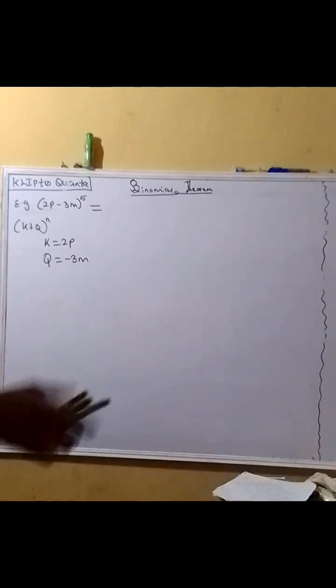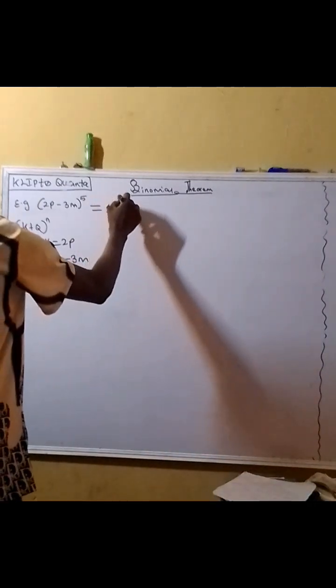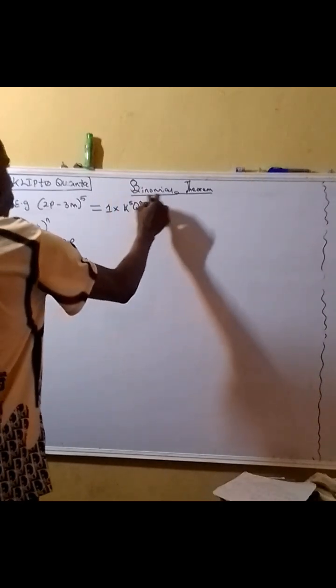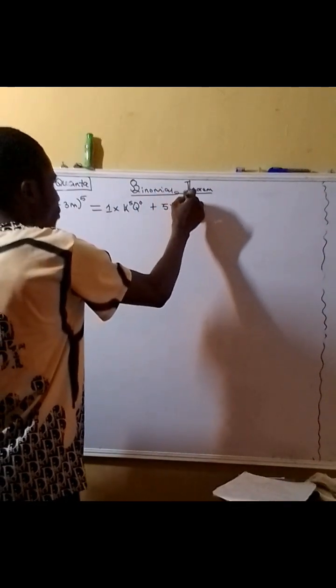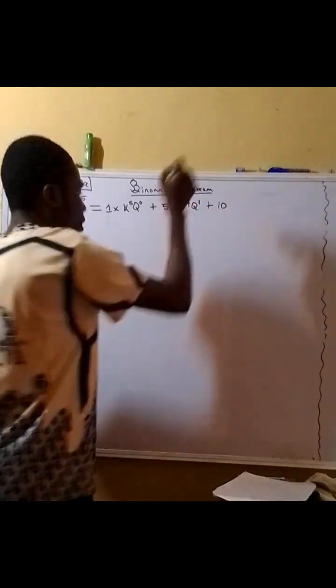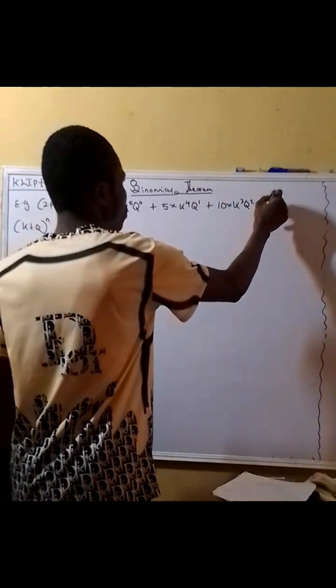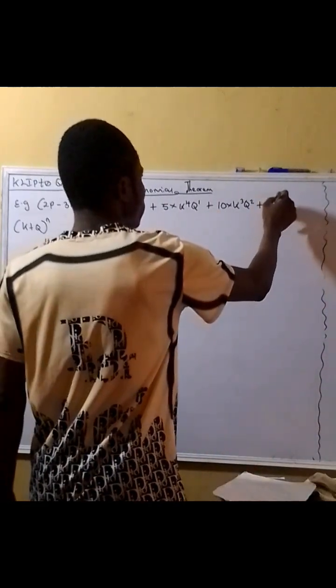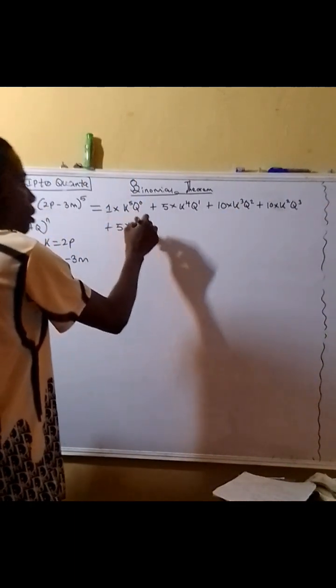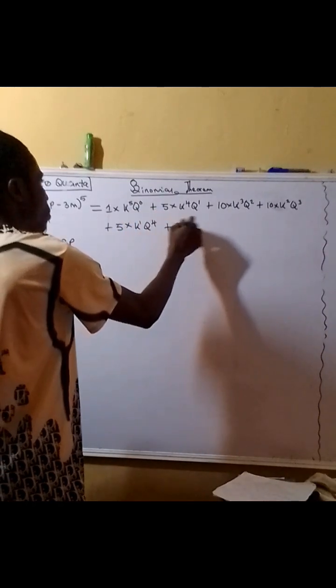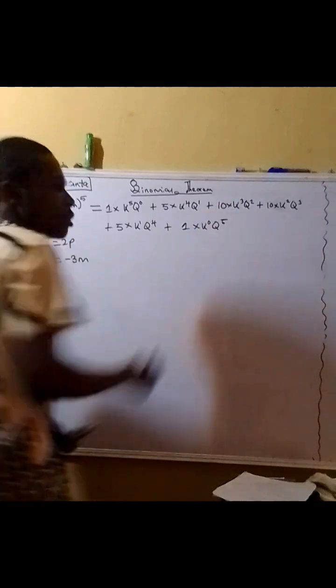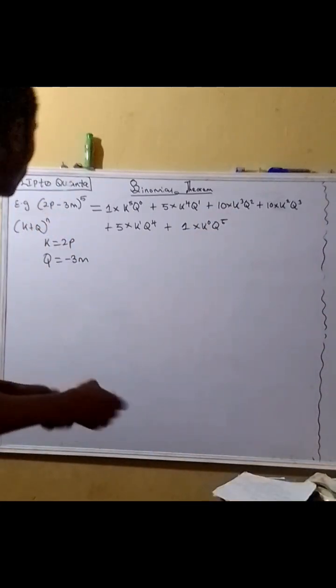So what we are still dealing with is 1 times k raised to the power 5, q raised to the power 0, plus the second value, which is 5 times k raised to the power 4, q raised to the power 1, plus 10 times k raised to the power 3, q raised to the power 2, plus 10 times k raised to the power 2, q raised to the power 3, plus 5 times k raised to the power 1, q raised to the power 4, plus 1 times k raised to the power 0, q raised to the power 5.